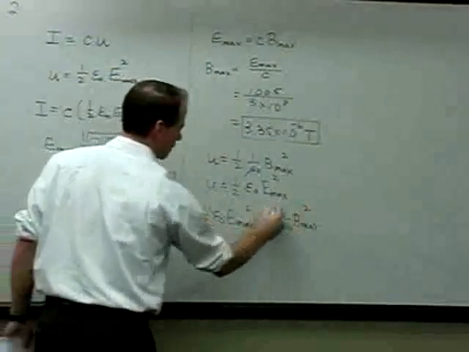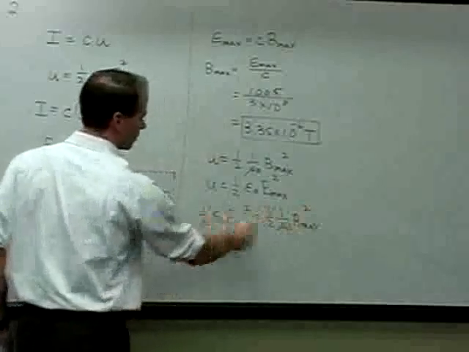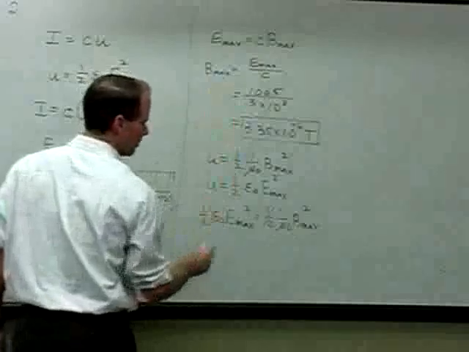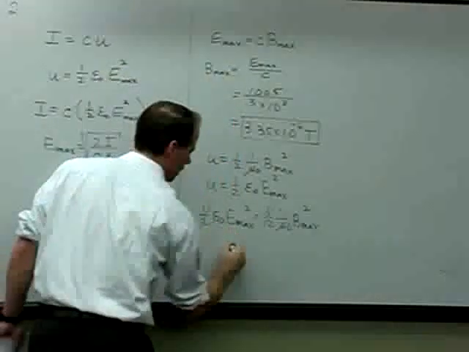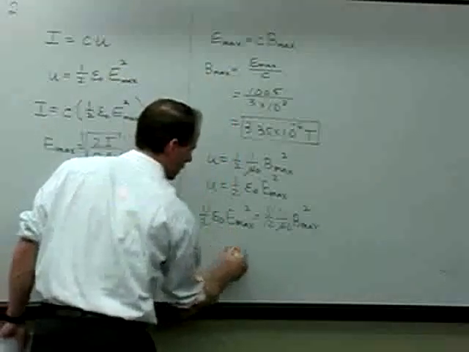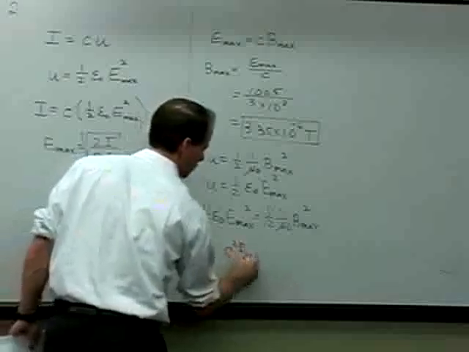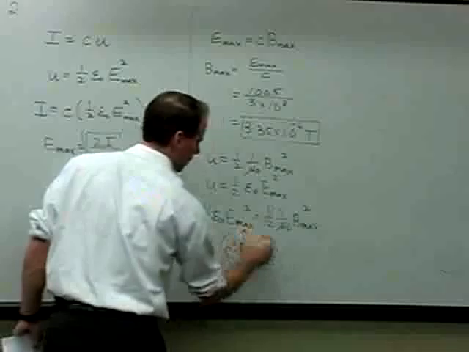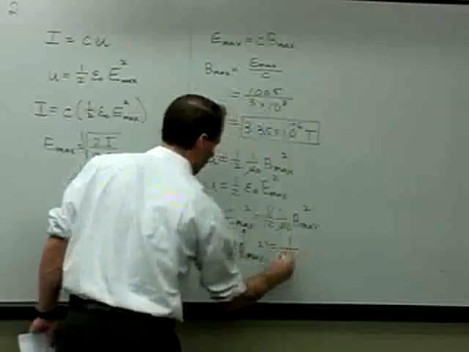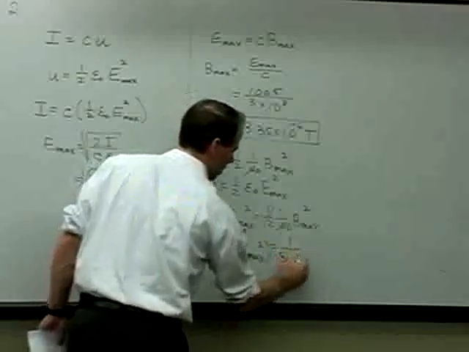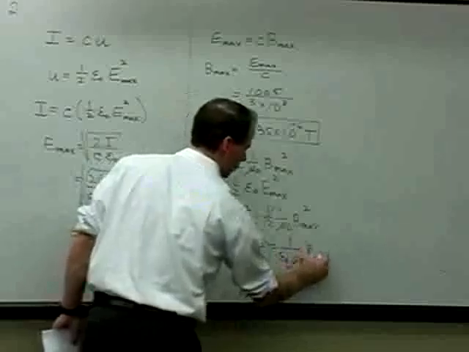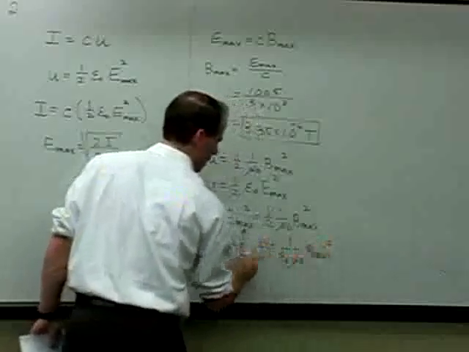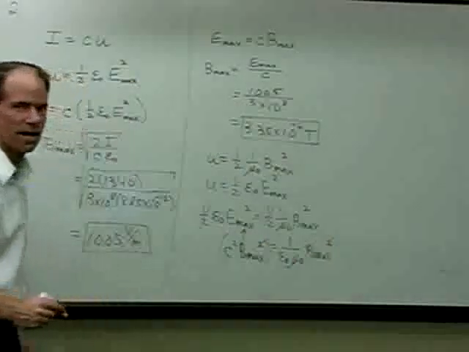Get rid of the 1/2. Divide both sides by epsilon naught, and realize that E max equals C B max, so we have C squared B max squared equals 1 over epsilon naught mu naught B max squared. Get rid of B max squared on both sides.